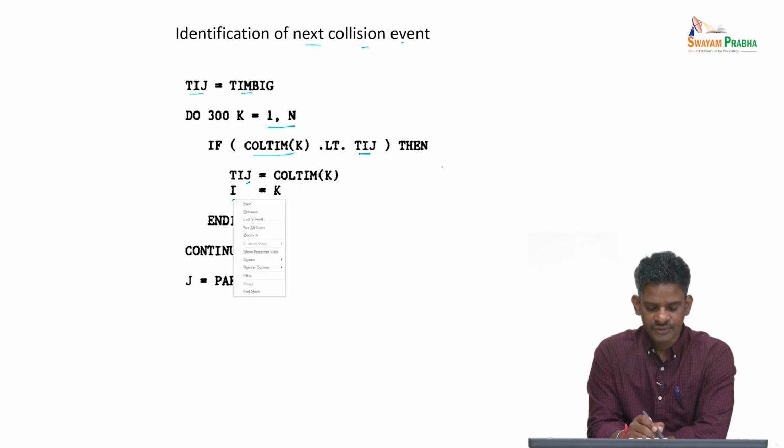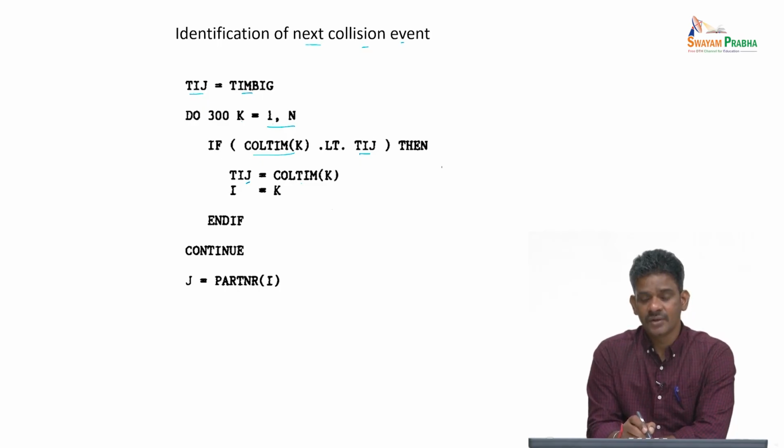you also store the particle k which has the least collision time into some variable I. When you loop over this continuously, you will find the Tij which has the least value and the corresponding particle I also.